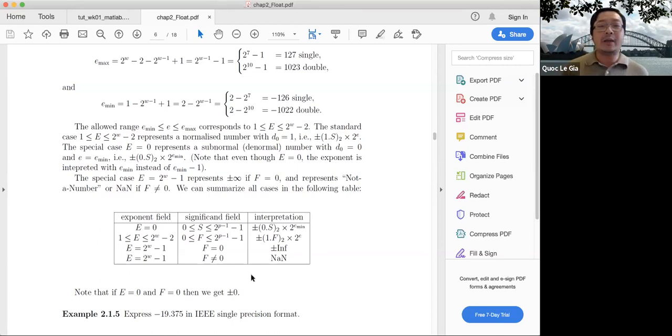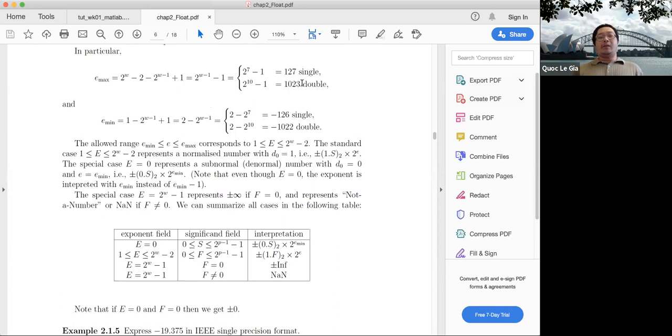That's why you cannot use E max to be 1024 or E min to be minus 1023, because you have to save some extra values for special cases.